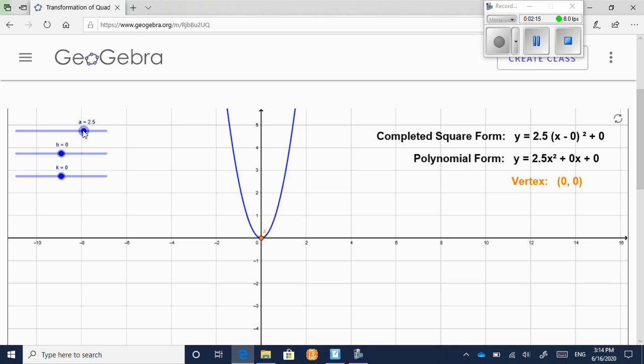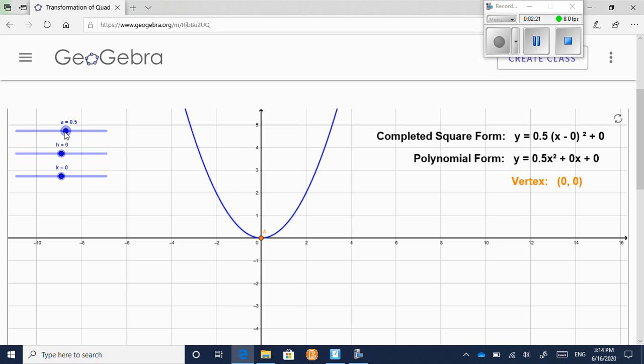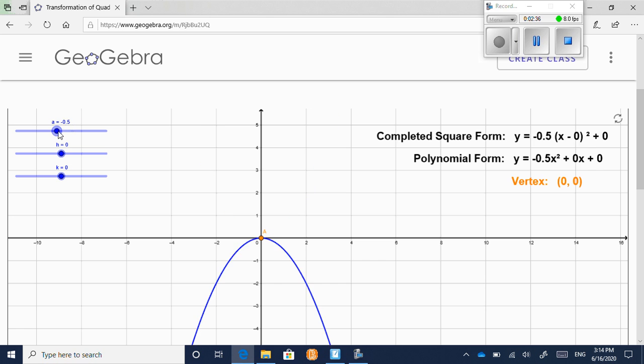Okay, well, what if the a were to get smaller? I'm going to go back to 1, and let's say it went to 0.5. Look what happens. It gets wider. As it is between 0 and 1, it gets wider. Now, as a becomes negative, look what happens to my parabola. It flips. There's -0.5.